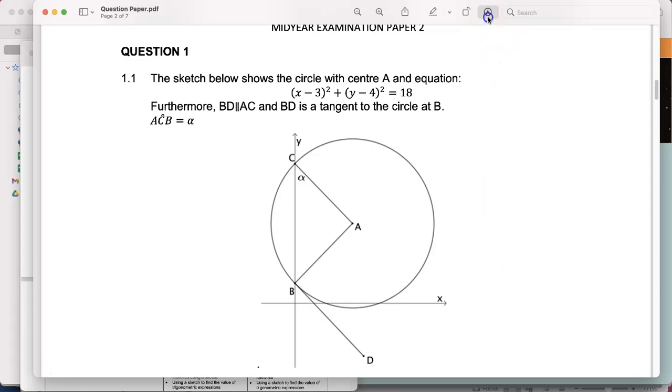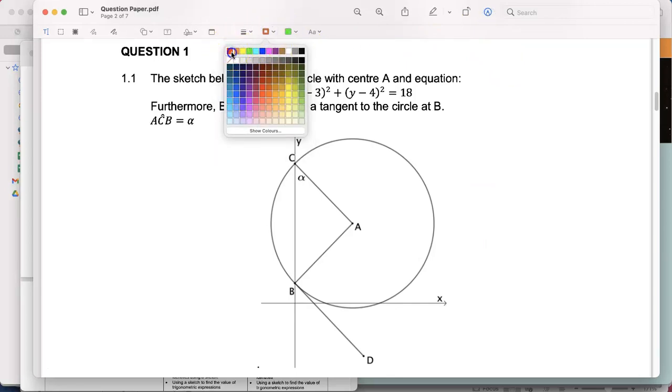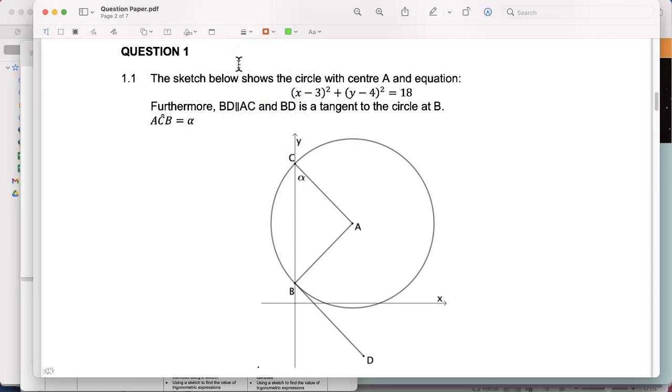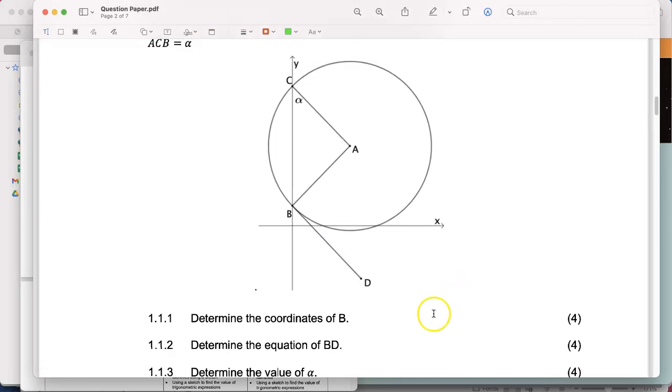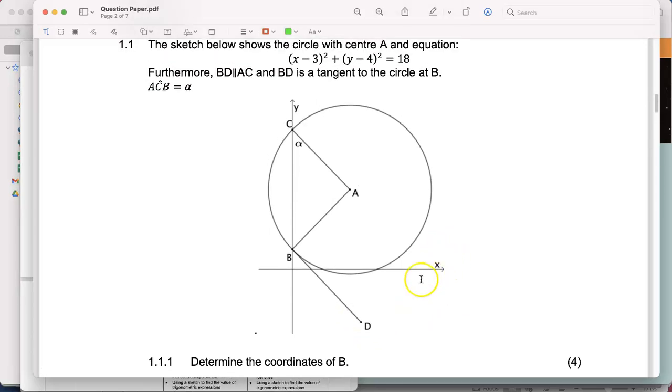So let me use that so that I can write right on here and explain to you. So here you can see, determine the coordinates of B. Okay, so what is B? B is the intercept with the y-axis. There is an equation of the graph. All I do is make x equal to 0.